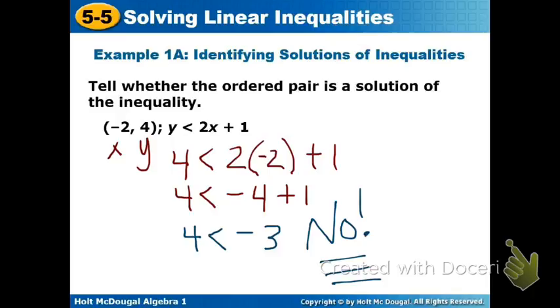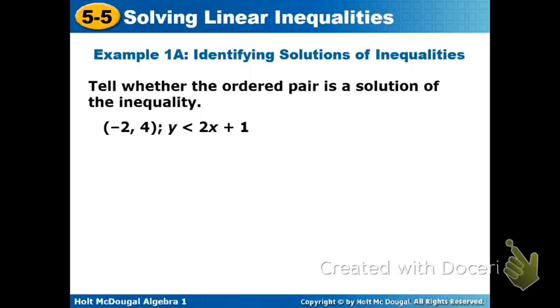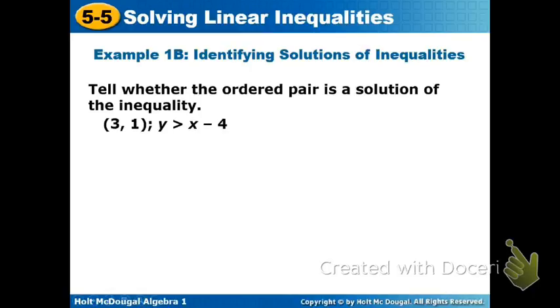Alrighty, let's look at the next example we have here. Your next one gives you the coordinate point 3, 1, and your inequality is y is greater than x minus 4. Okay? So same thing here. Let's plug this stuff in and let's see if this works. So x is my 3, 1 is my y.